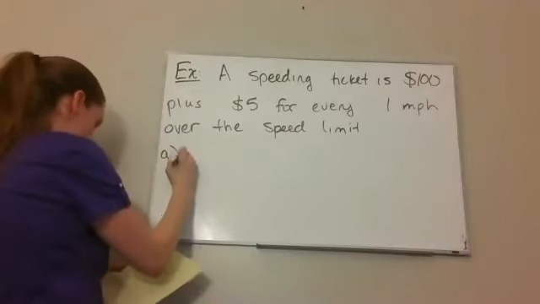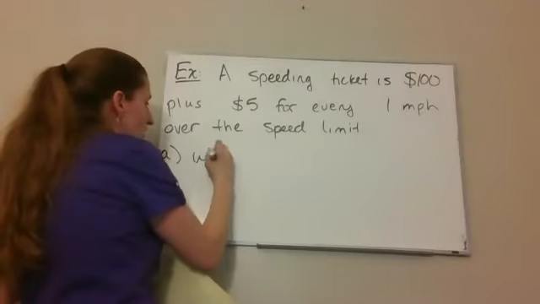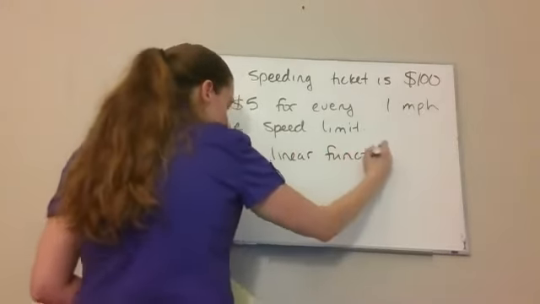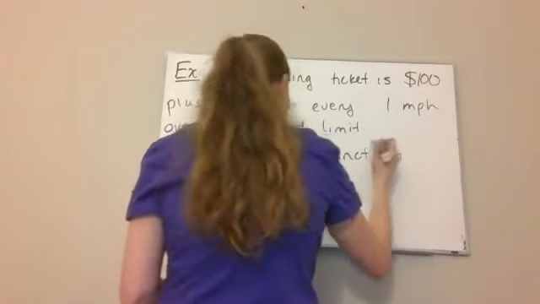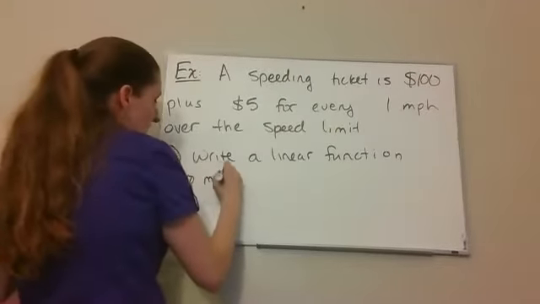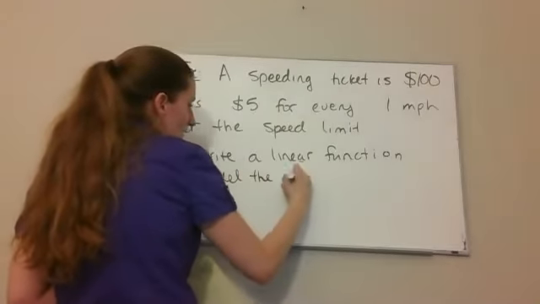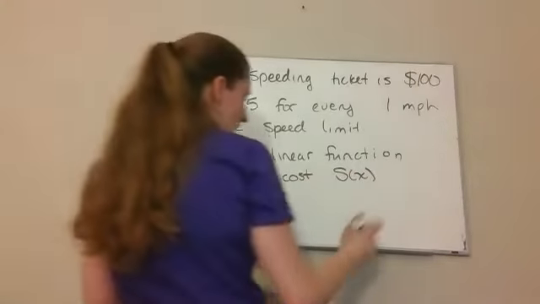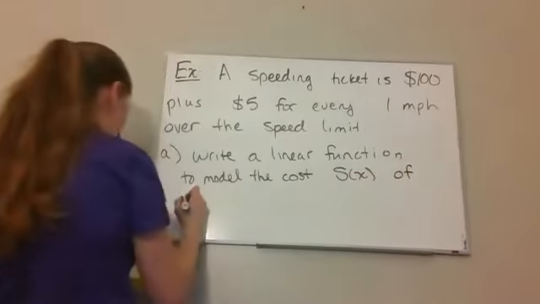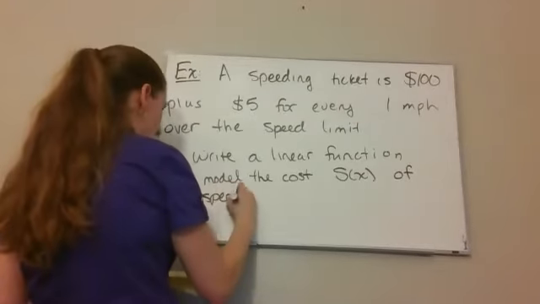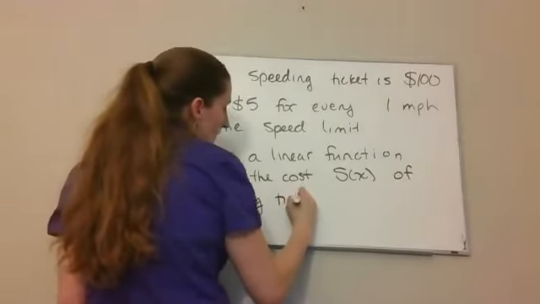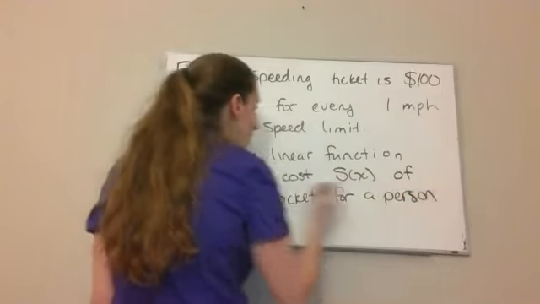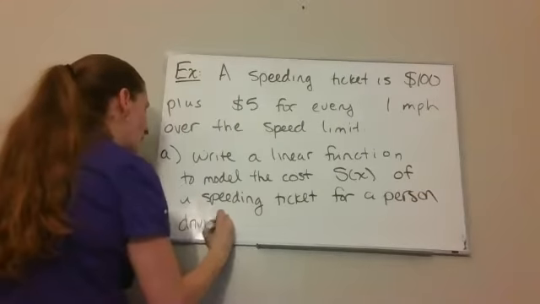And the first thing we're going to do is write a linear function to model the cost, S of x, in dollars of a speeding ticket for a person driving x miles per hour above the speed limit.